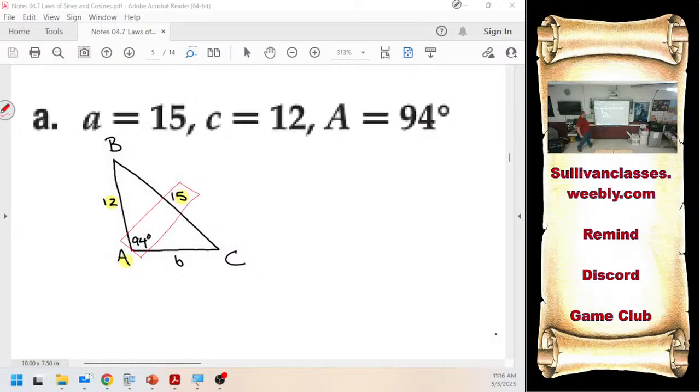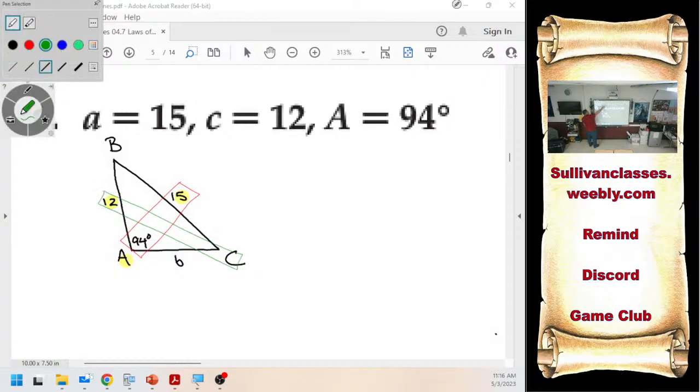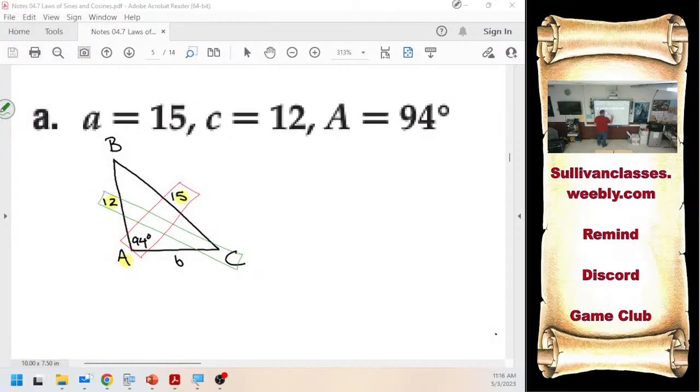What should I try to find first, angle C or angle B? Because I don't have a side across from B to compare it to. So, we're going to come over here and say that the sine of 94 over 15 is the sine of C over 12.